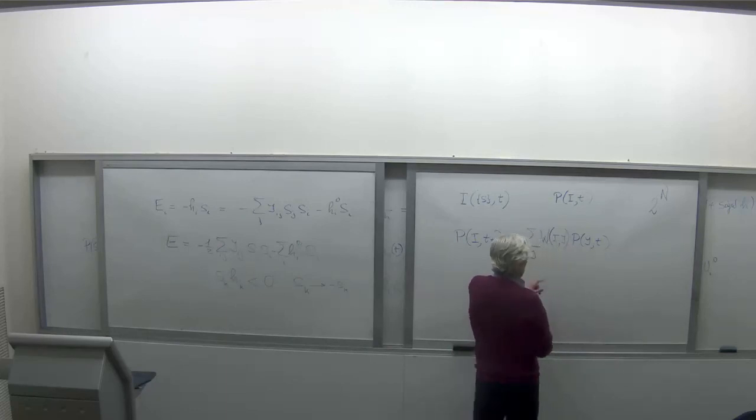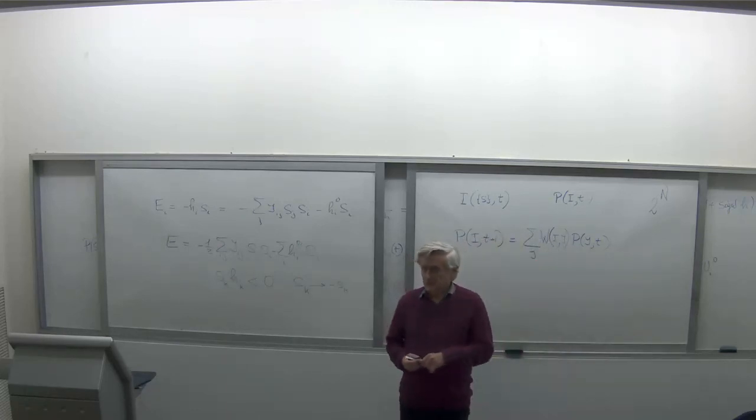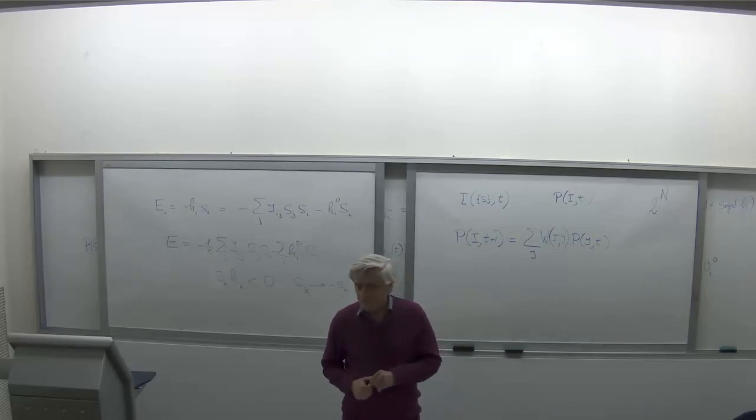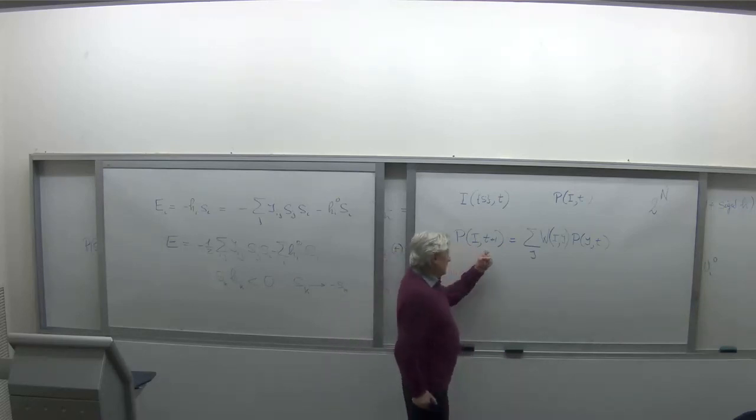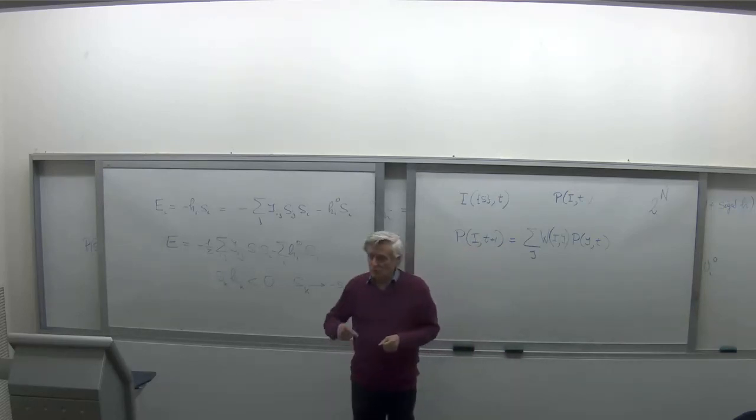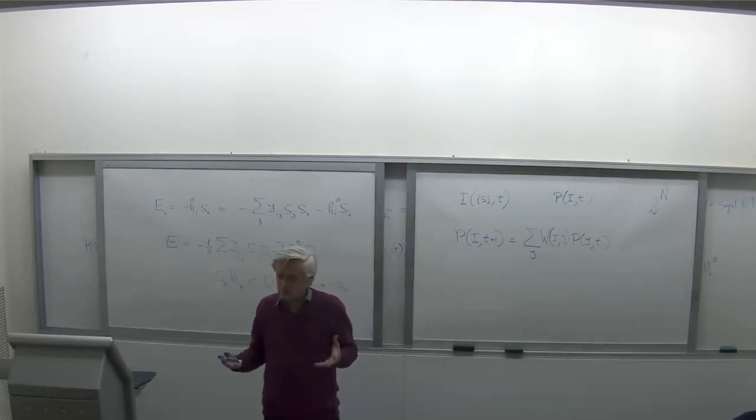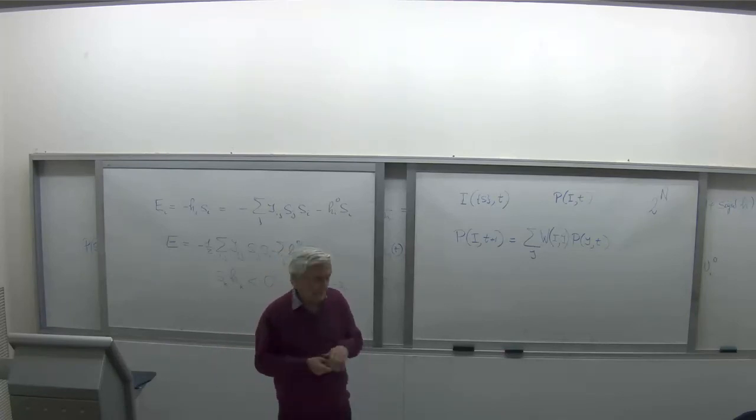Of course, Wij is also a probability. All the p's are probabilities, and therefore p summed over all i's has to be 1. They are positive numbers that sum to 1.